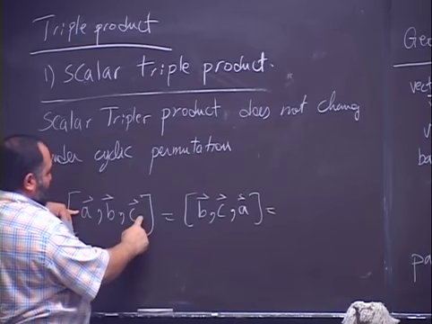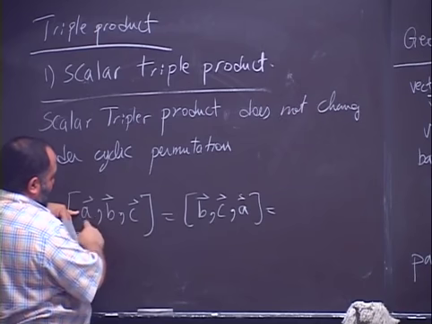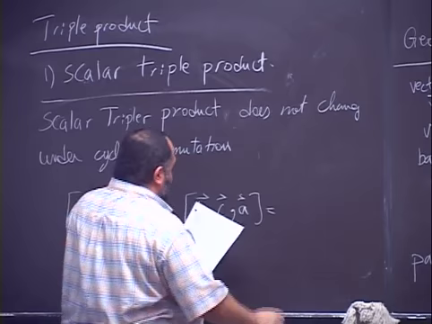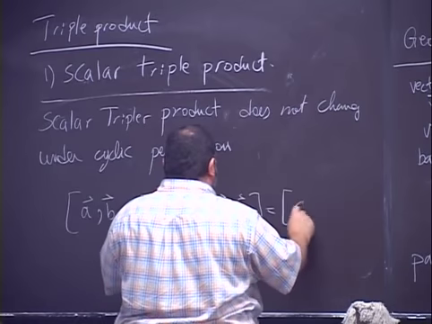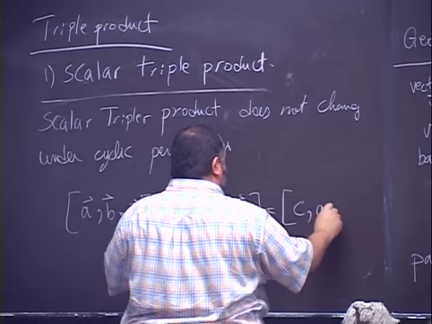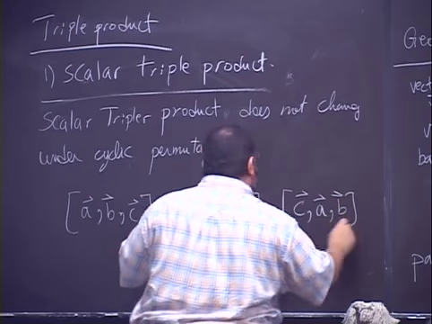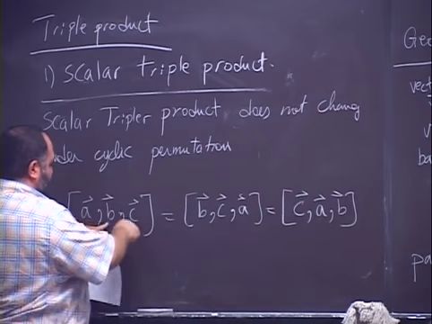We brought A in this direction. So you cannot bring A in between. Just you make something like a cycle. So and this is equal to C, A, and B. Again, you bring C here.